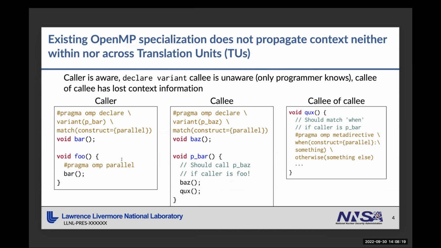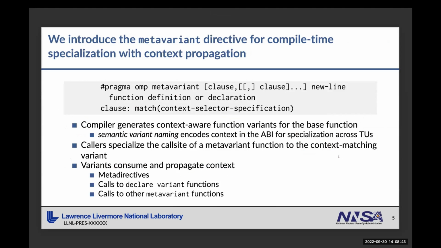There are rules in the specification that say it absolutely must match that context if it gets called, but the compiler doesn't necessarily know that's the case, and so it can't necessarily actually take advantage of it. So this is a little bit unfortunate. It means we can't actually optimize based on this stuff. It means we can't specialize quite the way we want to.